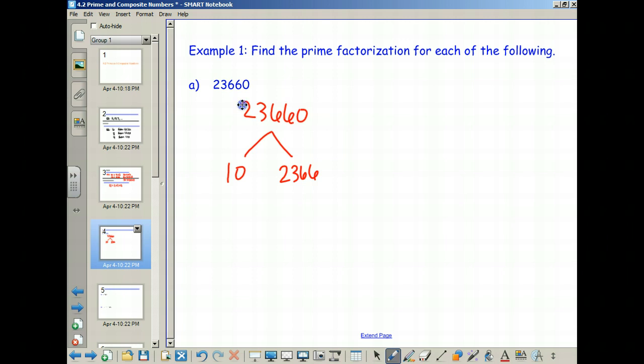I'm going to keep going down this process until I end up with primes at the end of my branches. So what is 10? 2 times 5. What am I going to do now with the other number? Divide it again. What do you want to divide it by this time? 3? I don't think 3 is going to work. 2 will. So if I divide it by 2, what do I get?